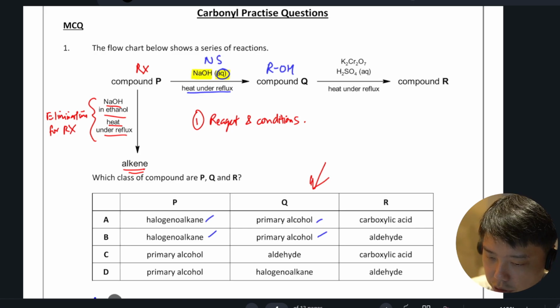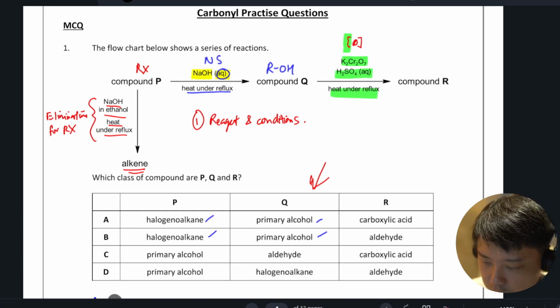The last reagent and condition, if you look at it, is acidified dichromate, heat under reflux. This set of reagents and condition is for oxidation. So oxidation of alcohols, you will either get ketone or carboxylic acid.